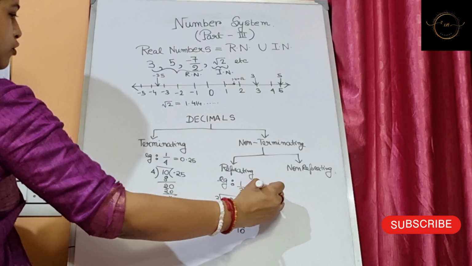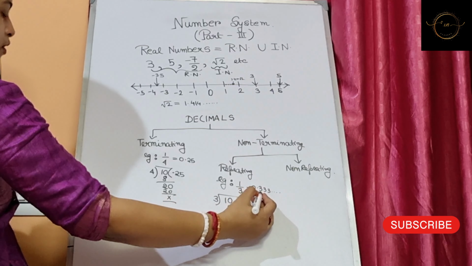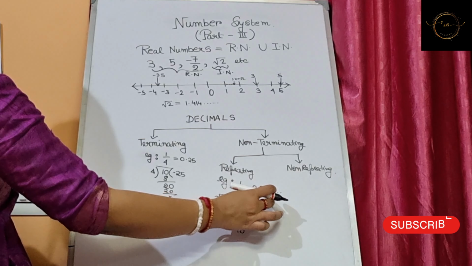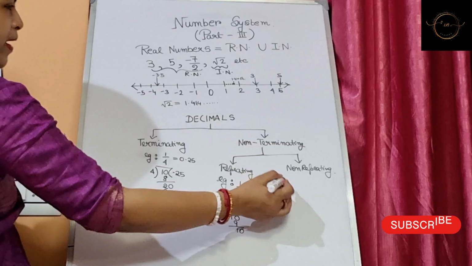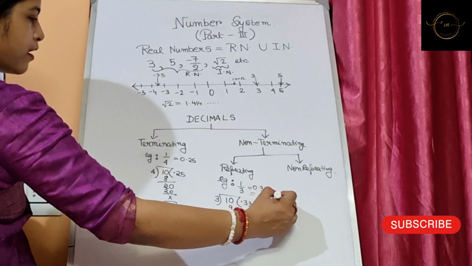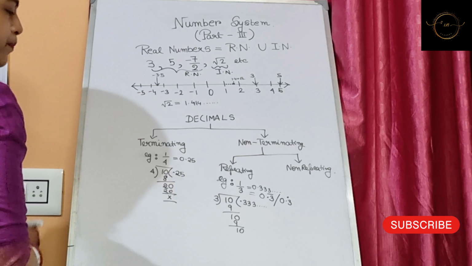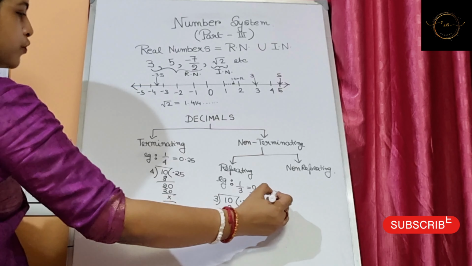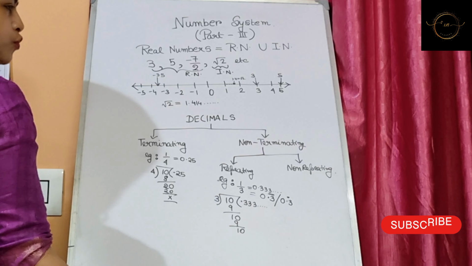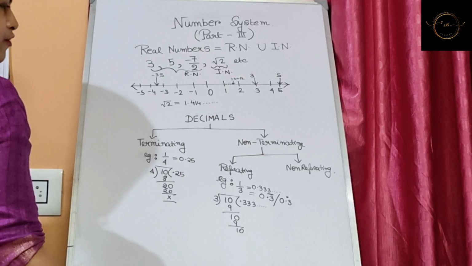So this is equal to 0.333. We don't know where it ends, but we can understand that the same number keeps repeating after the decimal point. Such numbers follow a particular pattern of repetition. We can write this as 0.3 with a bar, or with a dot above the number 3. This bar or dot signifies that the number 3 is repeating infinite times. This decimal representation will never end.